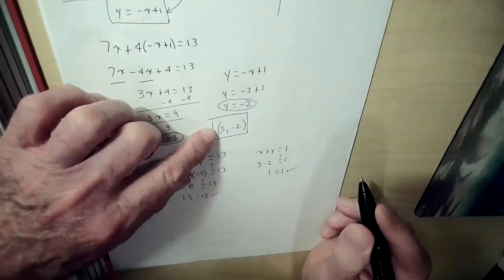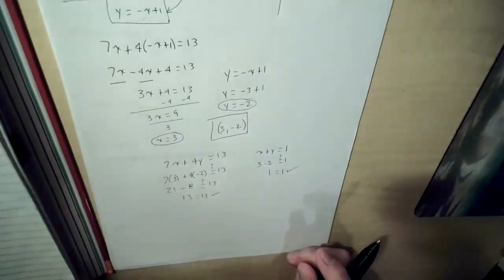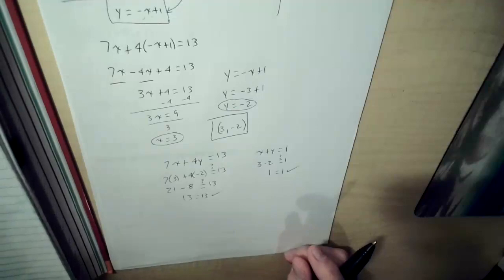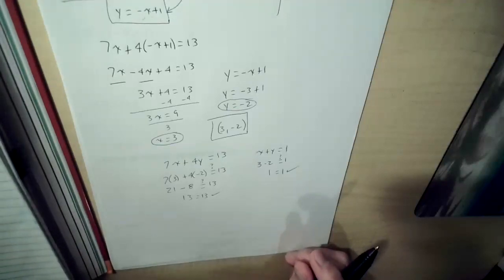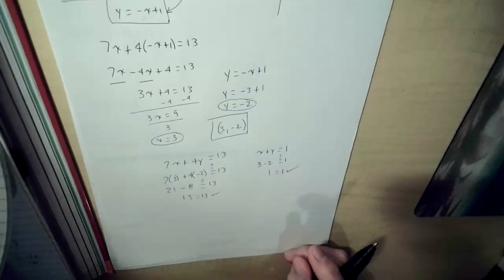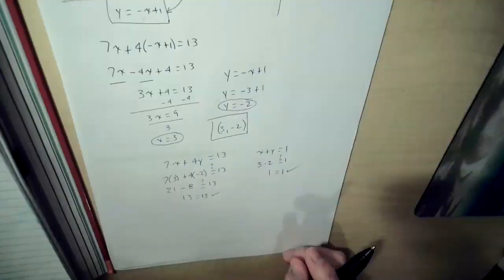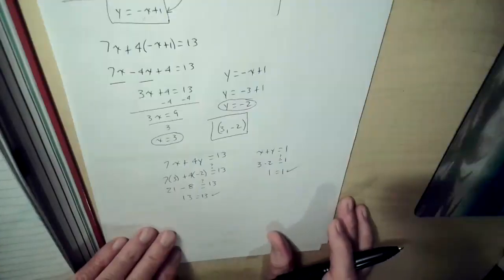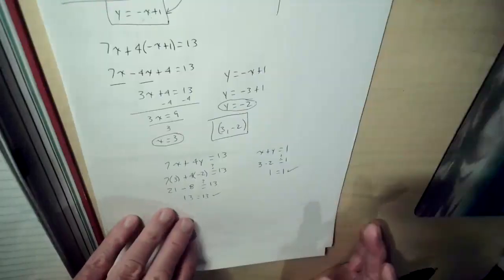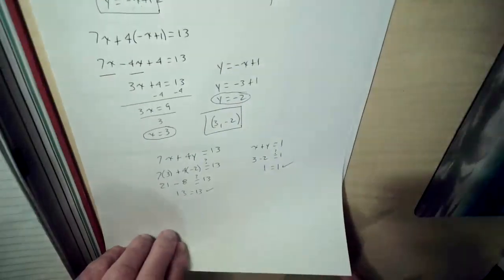So 3 minus 2. Does that equal 1? Yes. 3 minus 2 is 1, equals 1. So yes, it does work. It's the one point that will work for both of these. And again, this is called substitution. You're going to see this from time to time.